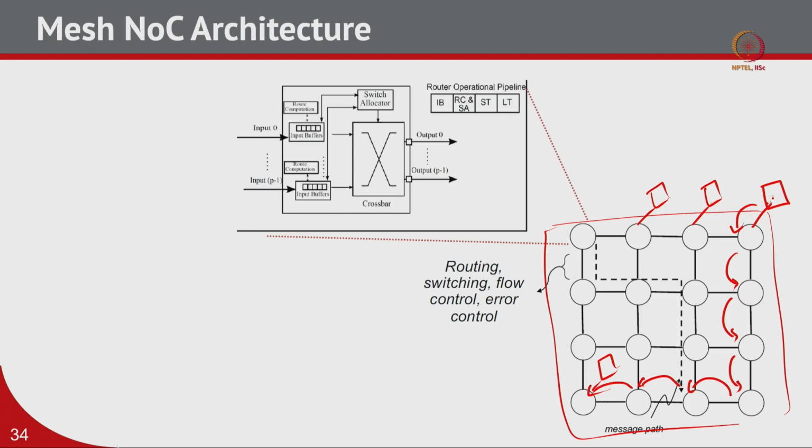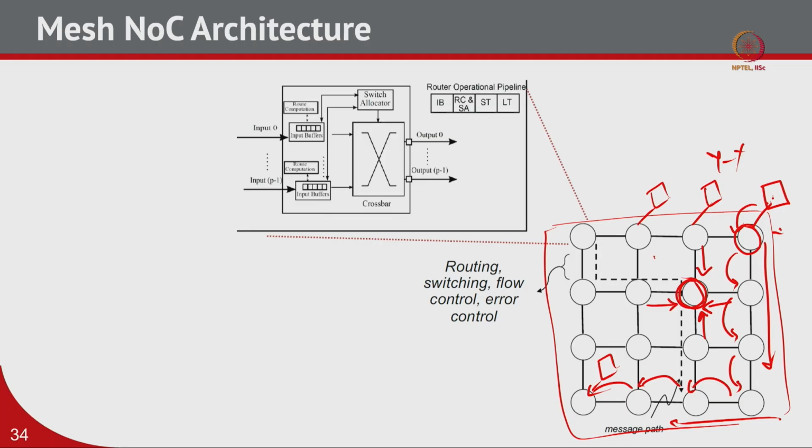Here we assume YX routing protocol, that means the data first goes in the y direction and then in the x direction. Whenever we have this router based NOC, there can be much data towards a router. Let us take a router in between. It can have data from north, east, south, and west.